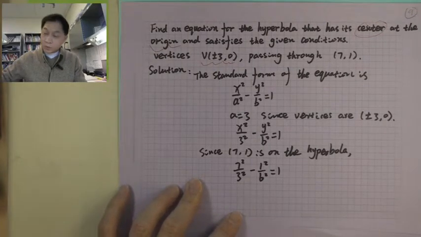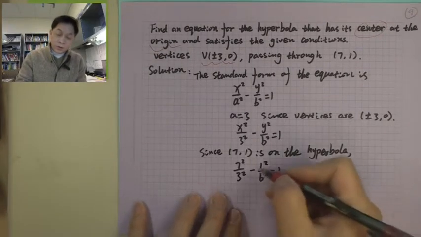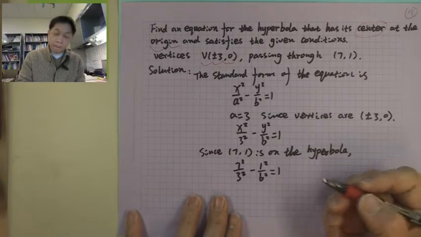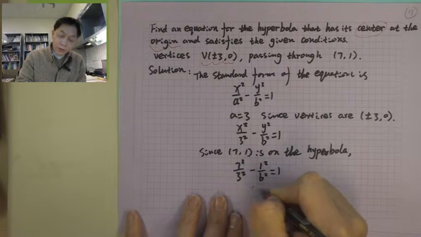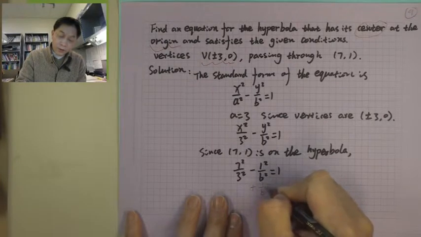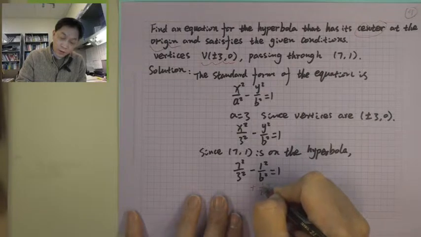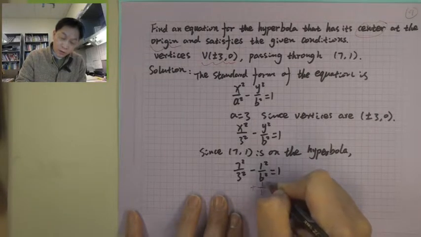Now we have to solve for b squared. How to do that? Add 1 squared over b squared to both sides.